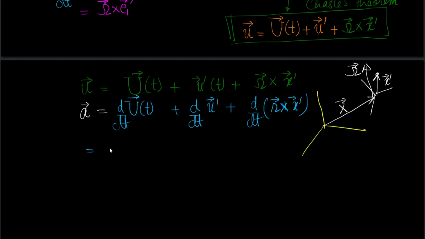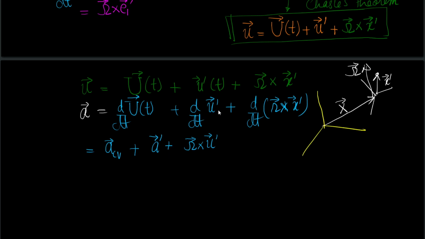This first term is going to be the acceleration of the control volume, which is in the non-inertial frame, plus the acceleration as seen in the moving frame of reference, plus omega cross u prime, and this comes out from Chasles' theorem.